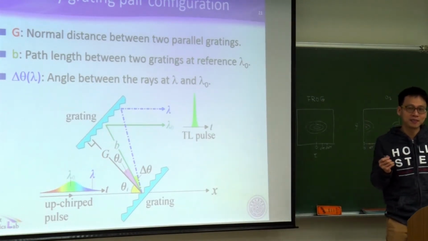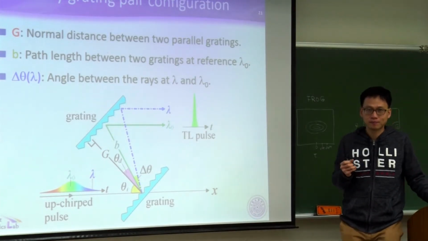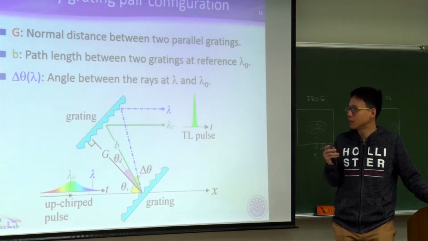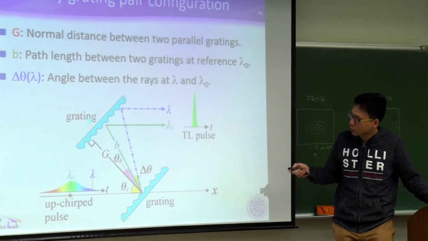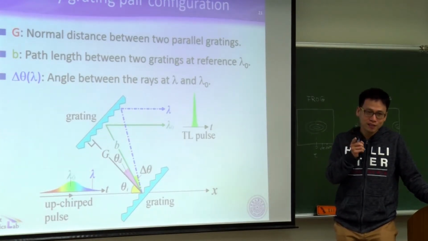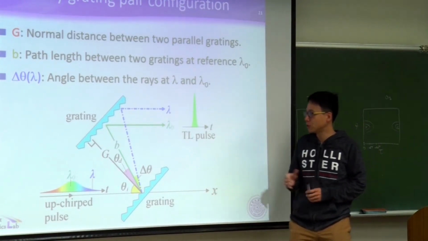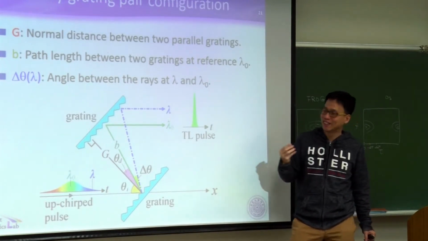Okay? Yes? But now you are separating different wavelengths in space. Correct. And that would be the spatial chirp we are going to talk about later. If you just use the grating pair in this way, you will suffer from the spatial chirp. Although in the time domain you compress the pulse, your beam is distorted, right?